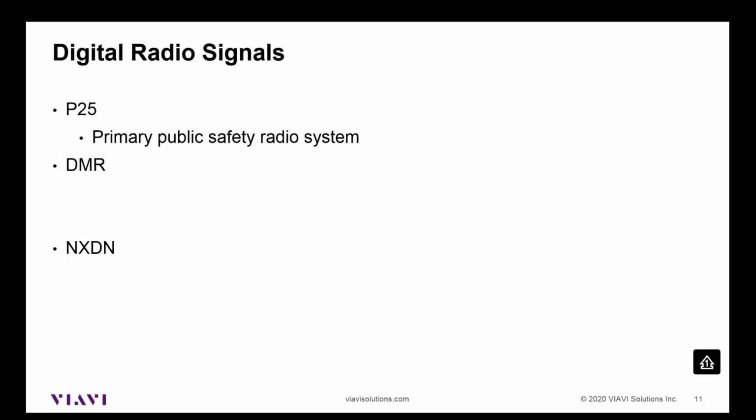Because of that, it became apparent that we needed to come up with a way to connect all of these different organizations. So P25 came about, and was developed as a public safety system. That was its primary focus, and still today, because of the cost of P25 equipment, that tends to be the place you find P25 used the most.